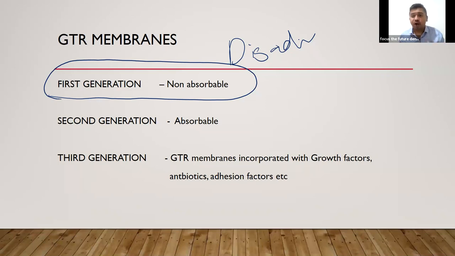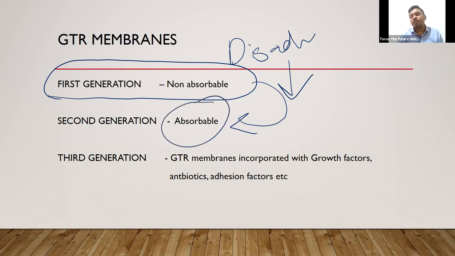The patient already did a lengthy surgery with grafting and membrane, and then you are telling the patient after 4 to 6 weeks to come back for another surgery to remove this. Will they be happy? No, they will not be happy. So this was a drawback of your first generation GTR, and because of that they introduced the second generation GTR, which was absorbable membranes.